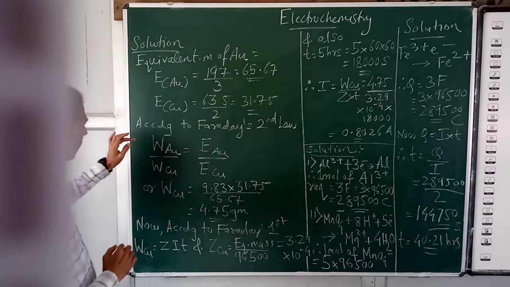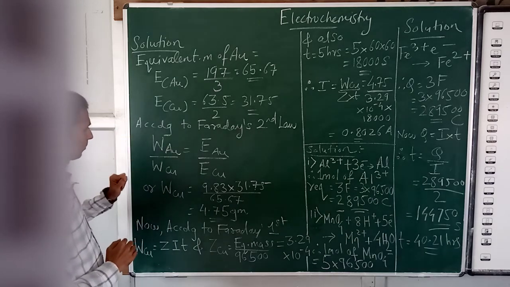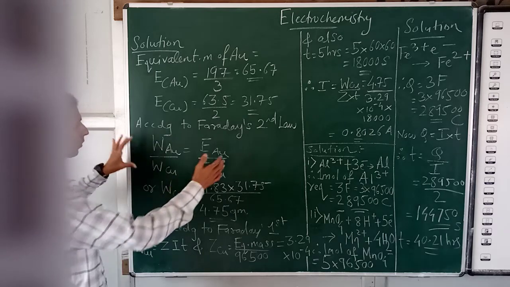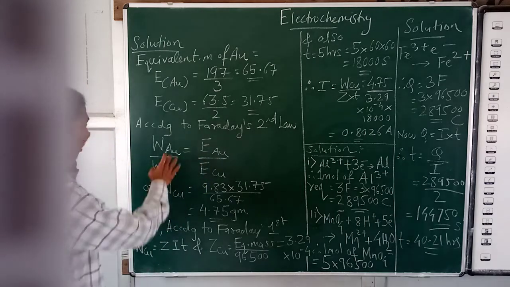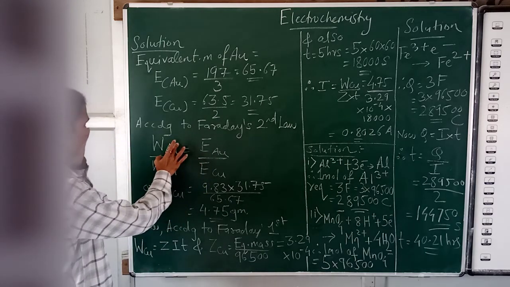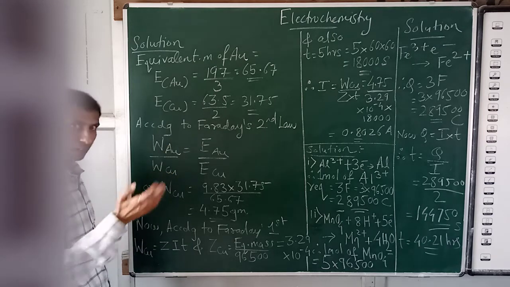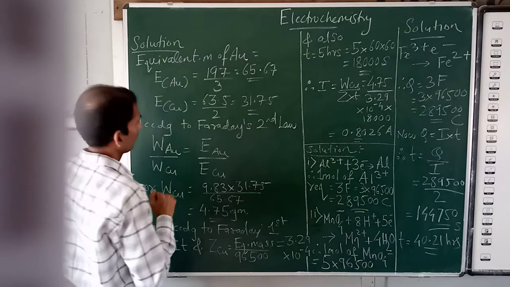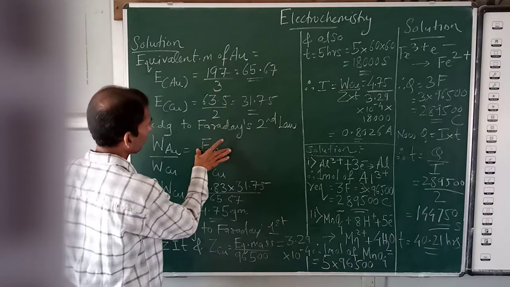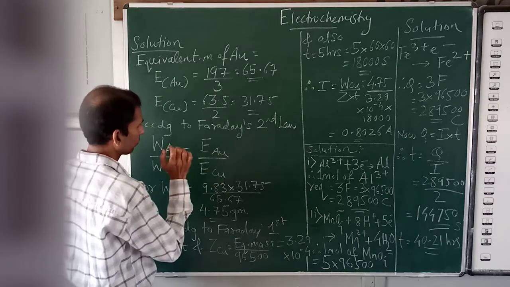So here we have the first cell containing gold, second cell containing copper. So what is the equation you can write? Mass of gold deposited divided by mass of copper, that we have to find out, will be equal to equivalent mass of gold upon equivalent mass of copper.